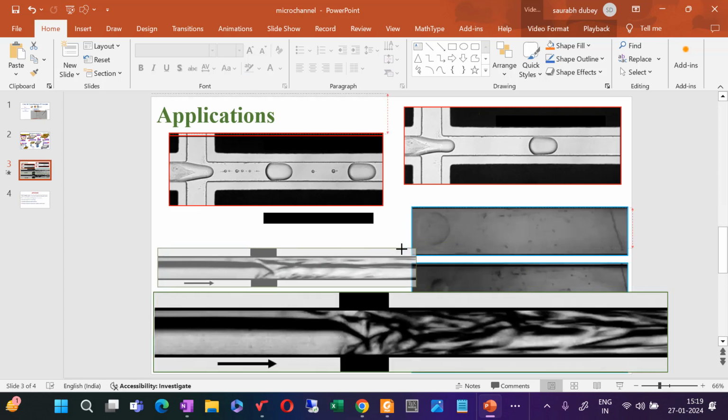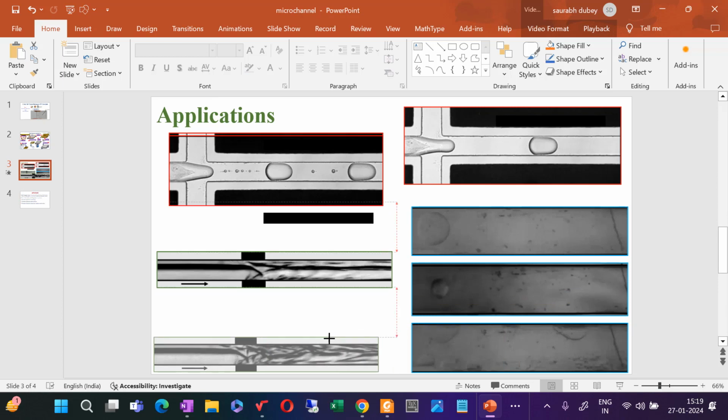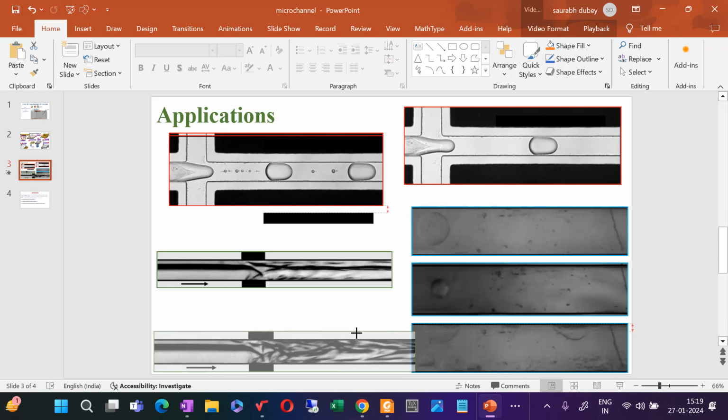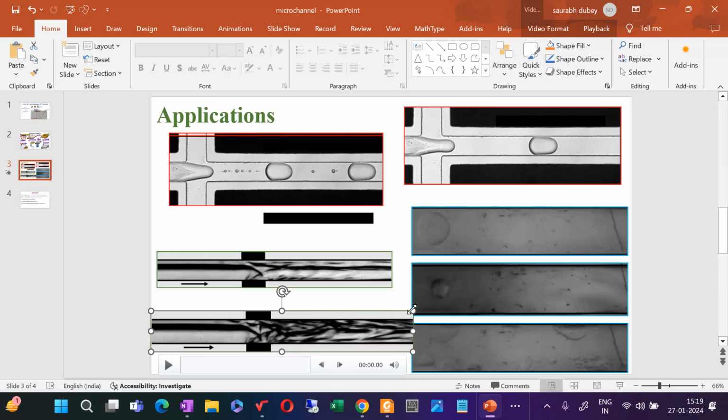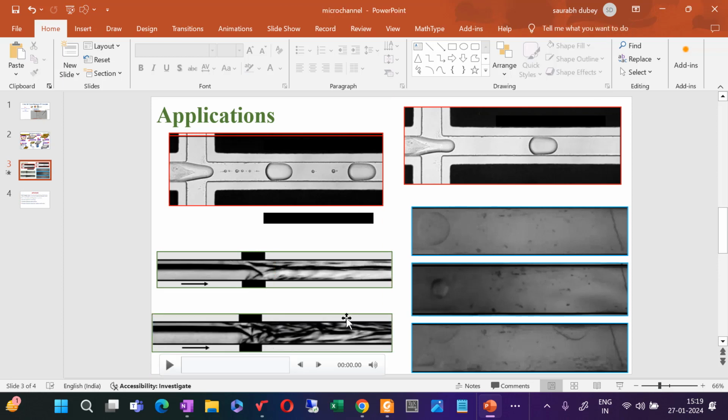So this particular question I took just because it doesn't make much sense when it is spoken in the class. Now it will be much more sensible to you, what is actually happening physically in the channel. So the take home message is, if two fluids are miscible with each other in the macroscopic domain, maybe they will be immiscible with each other when they are pushed through the microfluidic channel.